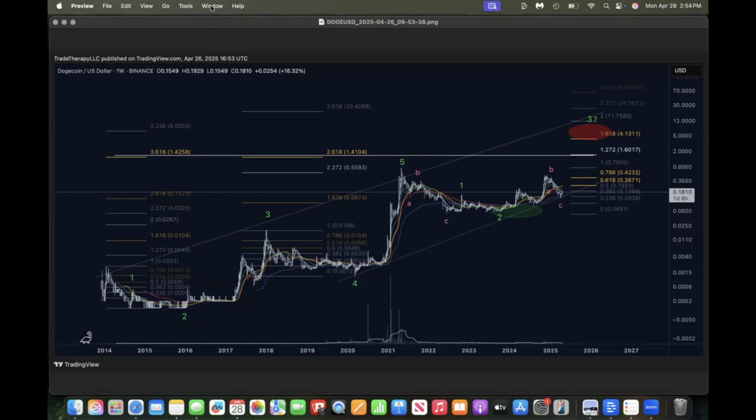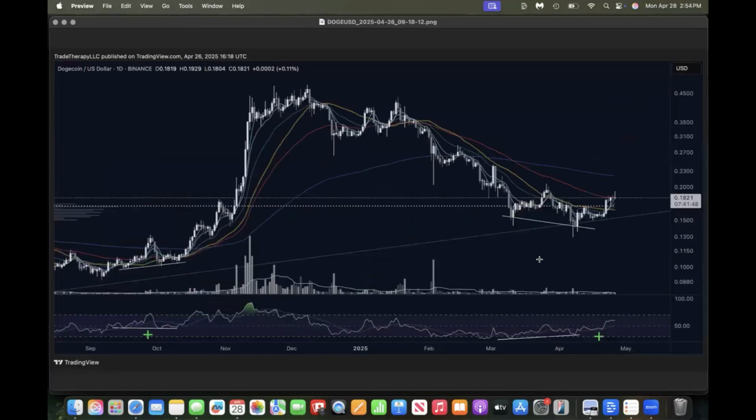We are still holding a conviction sized position, for which we have used cascading stops. We did talk about using cascading stops to limit exposure when you're trading these high beta assets. Dogecoin is one of the highest out there, very volatile.